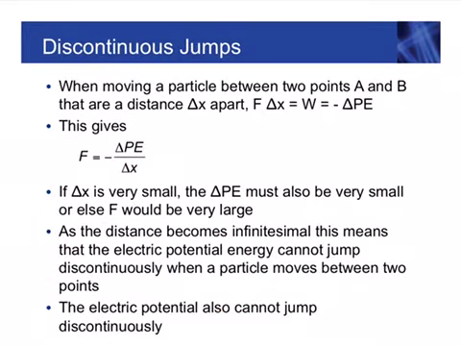Now this is the next concept, discontinuous jumps. And this is kind of a side slide. It relates to the fact that potential energy and electric potential are continuous functions. They cannot have discontinuous jumps.